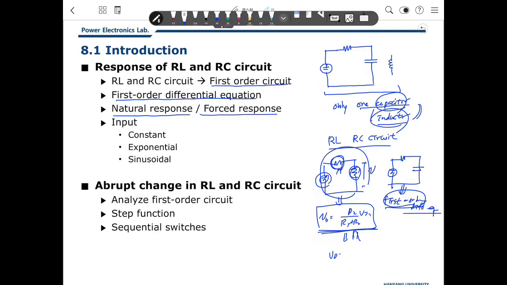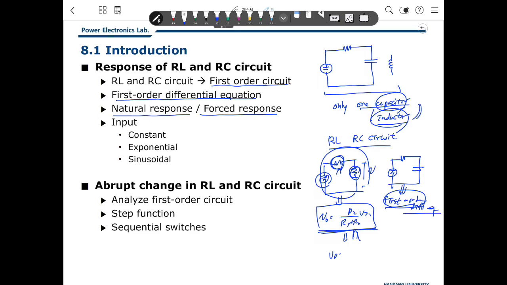In the case of the electric circuit, the voltage or current that decays naturally is the homogeneous solution, and the voltage or current defined by the input voltage or input current is the response based on the input, so we call that the forced response.